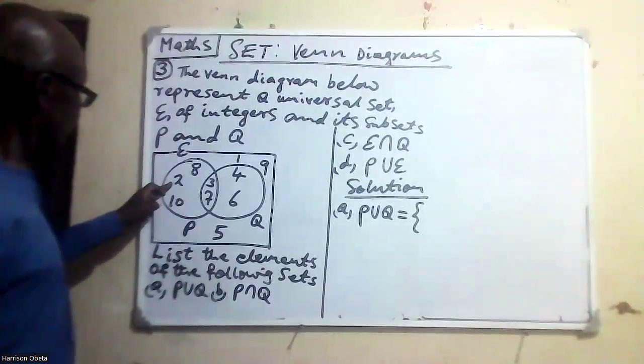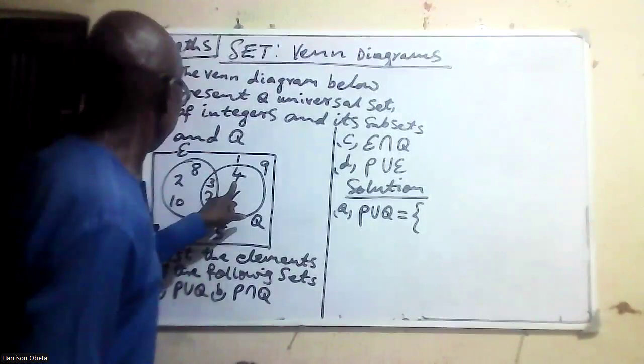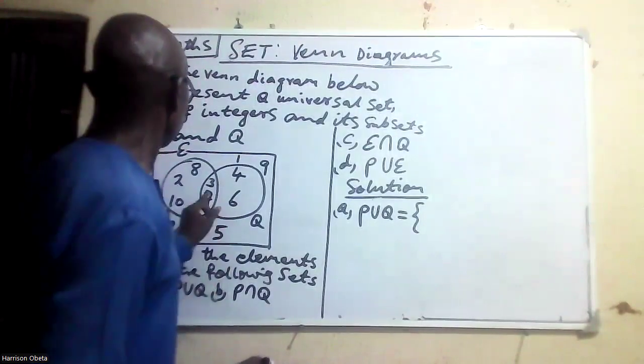We have P union Q equal to 2, 3, 4, 6, 7, 8, 10.